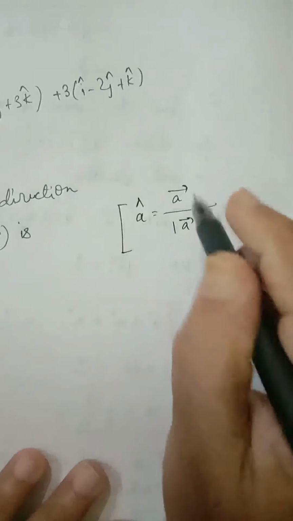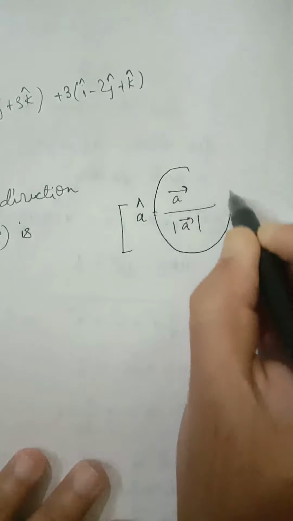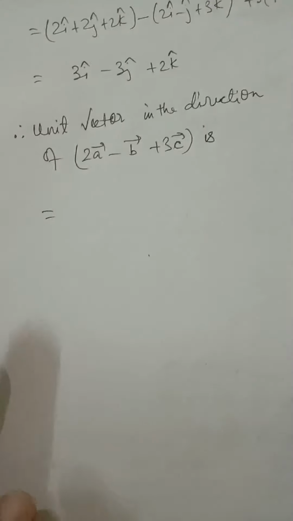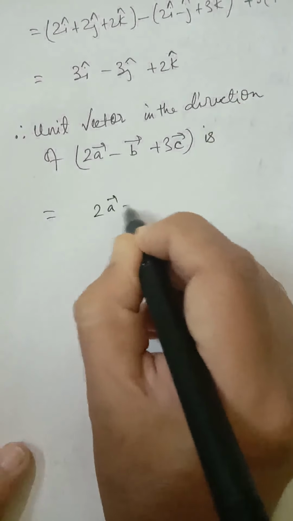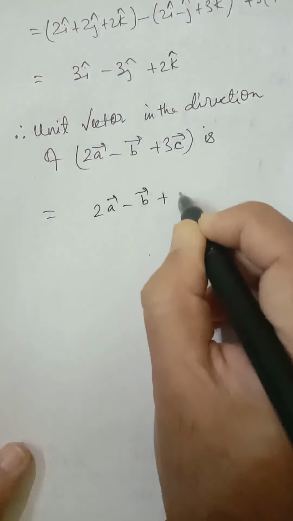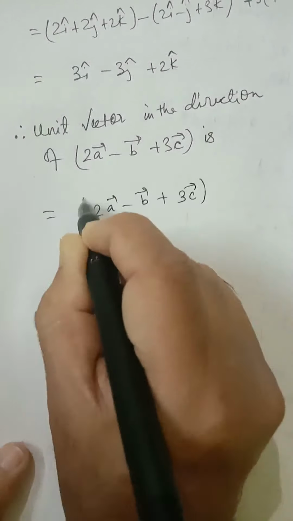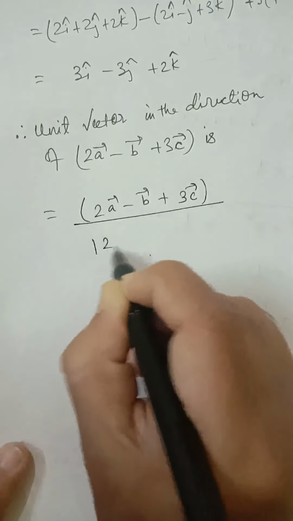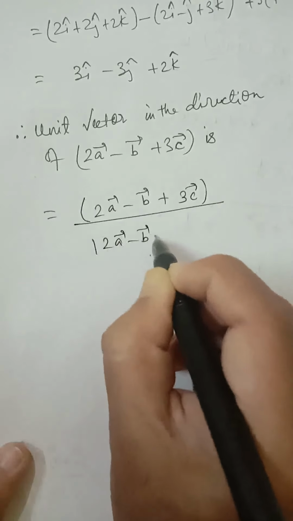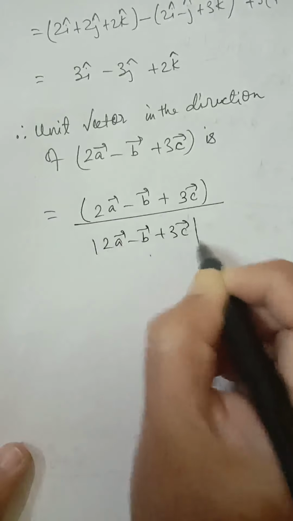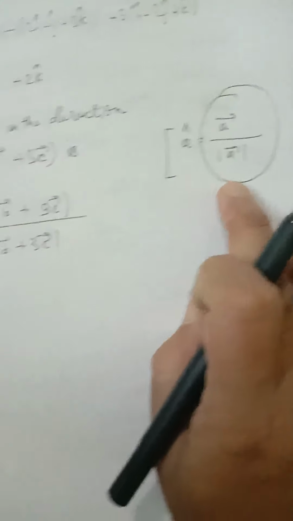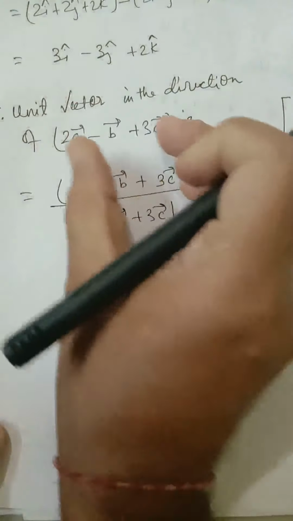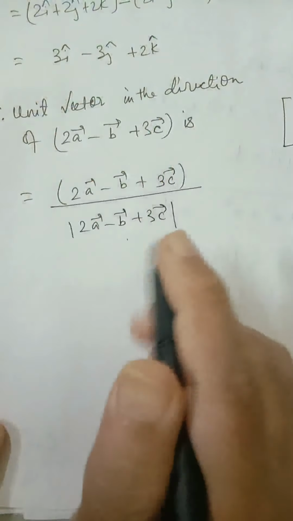So the unit vector in the direction of this vector will be the vector itself, 2a minus b plus 3c, divided by its modulus. Unit vector in the direction of this is this vector divided by its modulus.